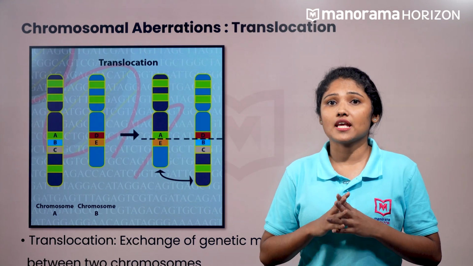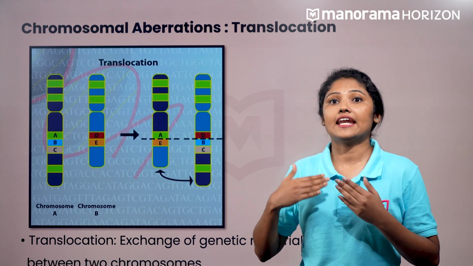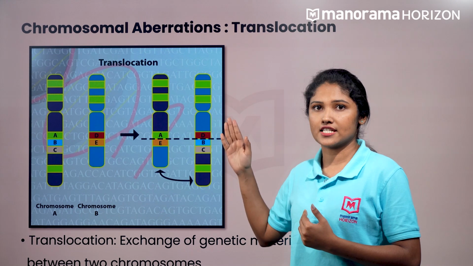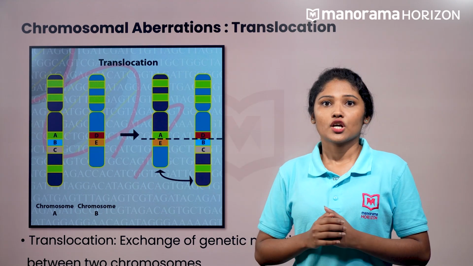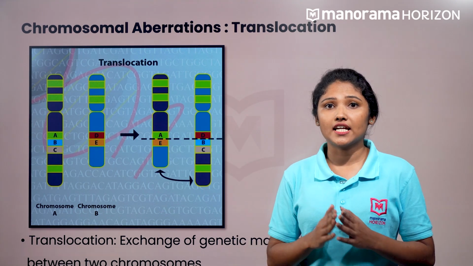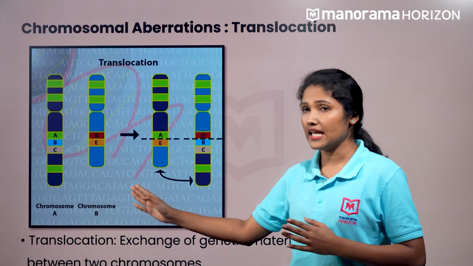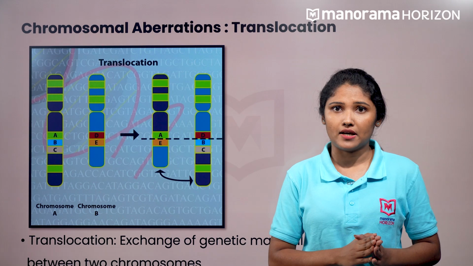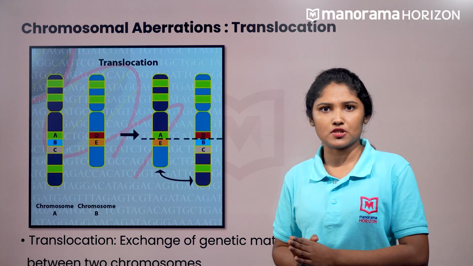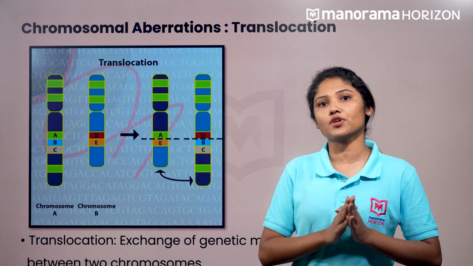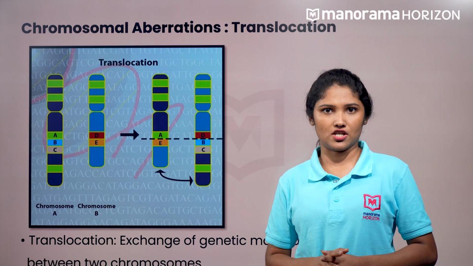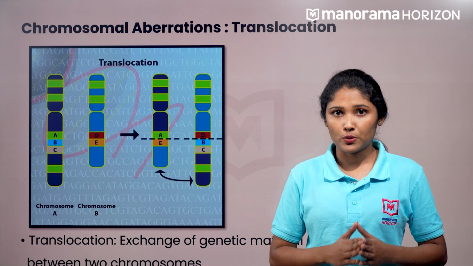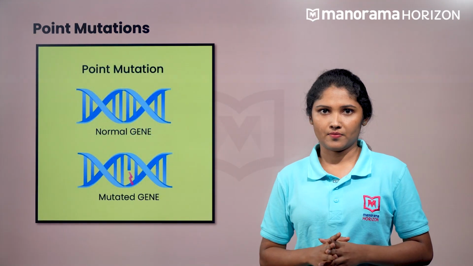Here, the chromosomes A and B exhibit an exchange of genetic segments and result in translocated A and B. Chromosomes A and B have genetic material from chromosomes B and A respectively. When one chromosomal segment is attached to a different chromosome or a different part of the same chromosome, it is called translocation.